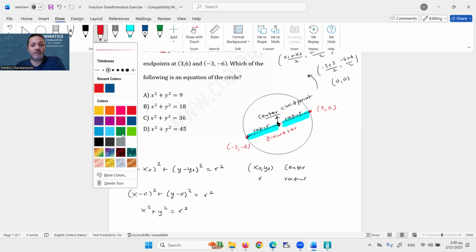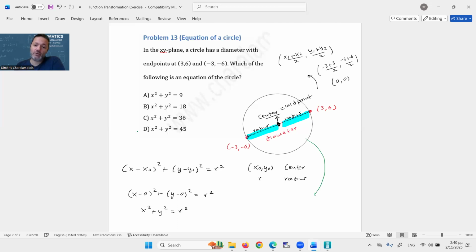Let me change color. I can use the distance formula between 2 points, that is the root of (x2 minus x1) squared plus (y2 minus y1) squared.